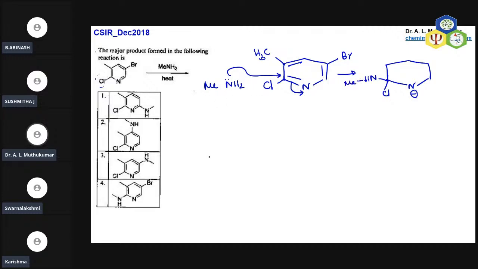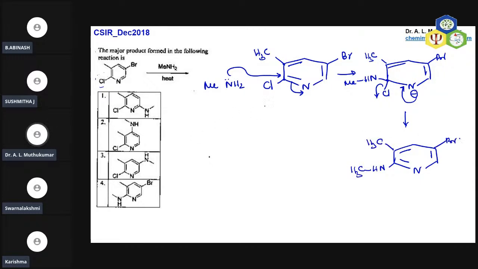So hydrogen from NH2 will be removed as H plus. Okay, so here you have a bromine atom, here you have a methyl group. In the second step, what happens? This electron will be coming here, the Cl will be leaving as Cl minus. You have the NH, CH3 group. Here you have a methyl group, here you have a bromine atom. Suppose this is one product.